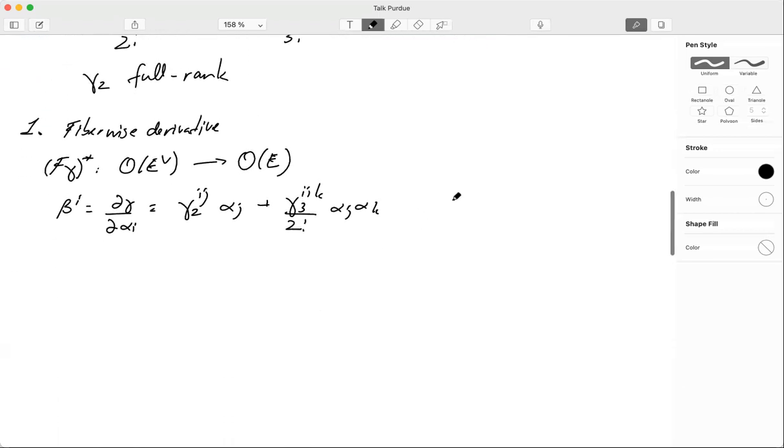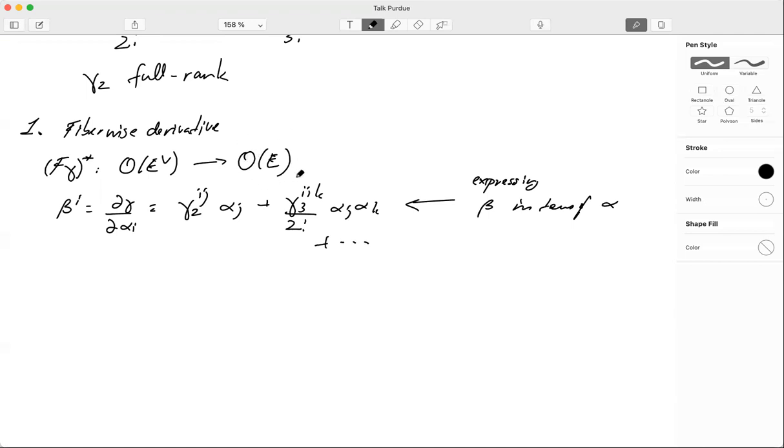So this gives a way of expressing betas in terms of alpha. So if we have a function here, which is an expression in betas, we just plug in this right-hand side into it, and then you get an expression in terms of the alpha.